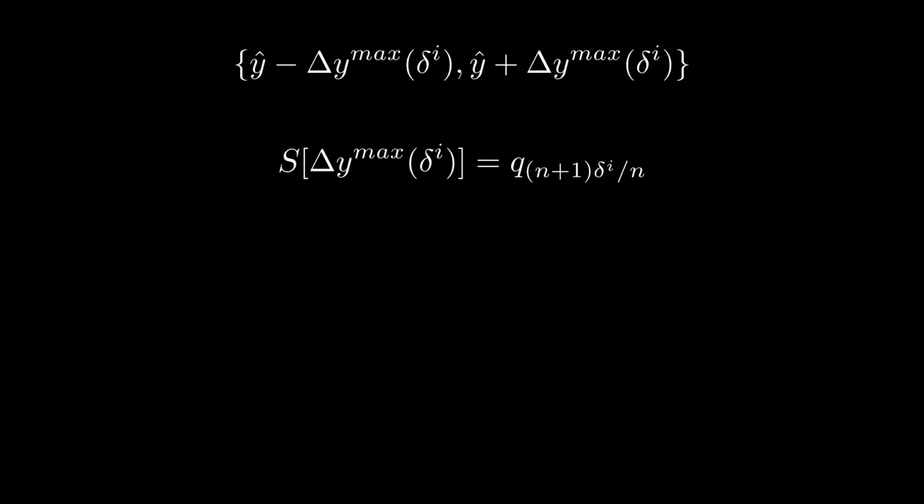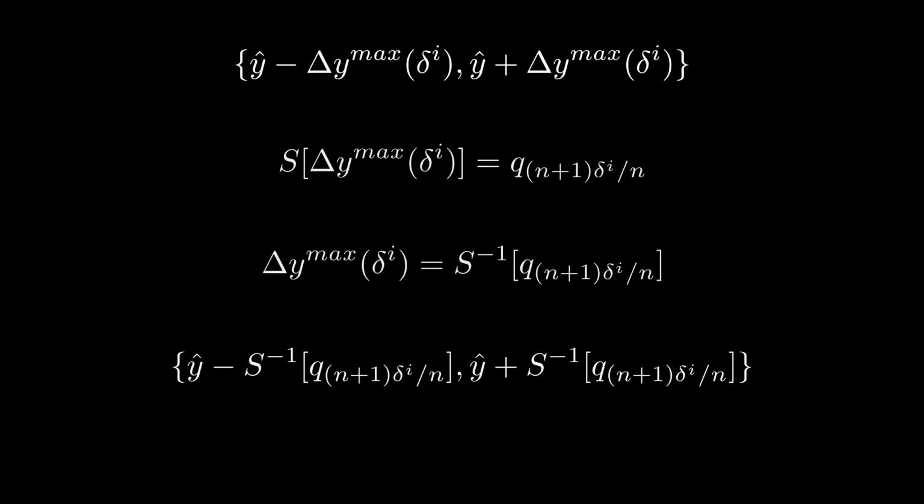Passing that distance to our non-conformity measuring function S gives the corresponding non-conformity quantile. Taking the inverse gives an explicit relation for delta Y max. Let's plug that into the relation for interval.